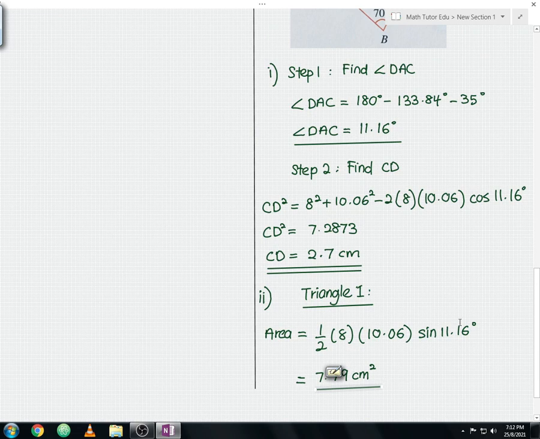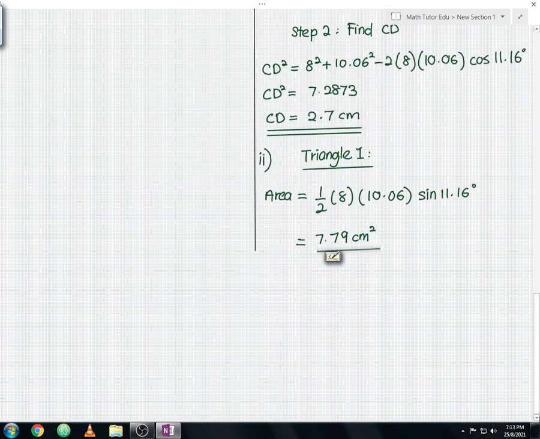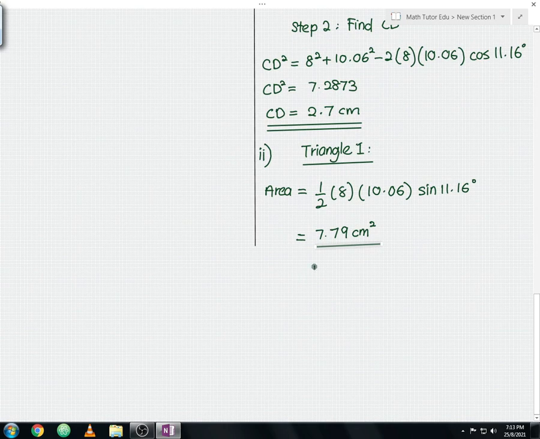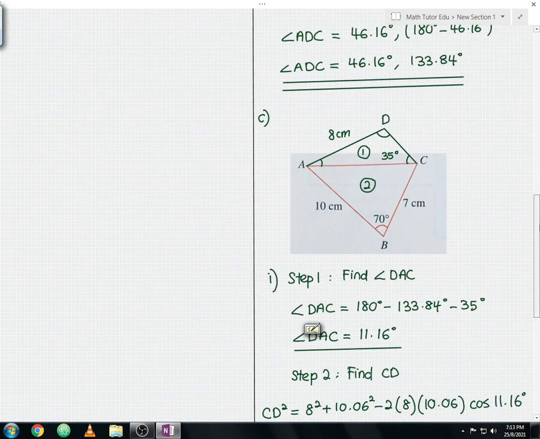Okay, so once we get this, now we can proceed to calculate our area of triangle 2. Okay, let me write here the working triangle 2. So let me underline this. Okay, from here to calculate the area of triangle 2 will be equals to, okay, half times with 10 centimeter times with 7 centimeter, and then I'm going to sine 70 degree.